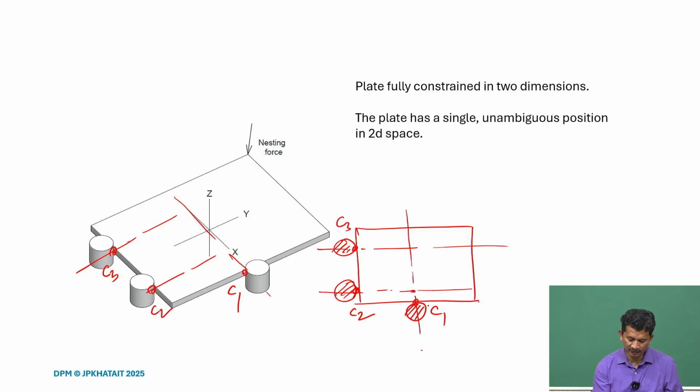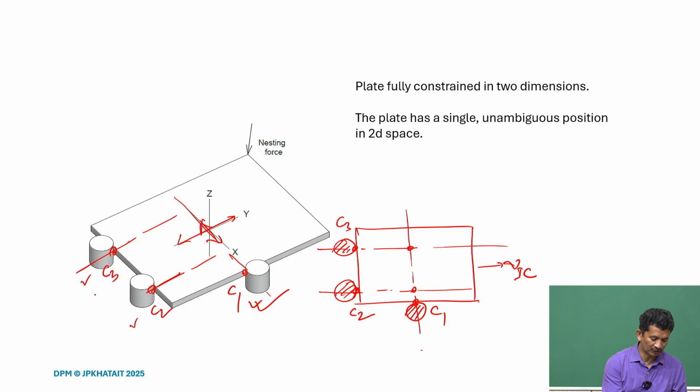What we realize is that the two constraints make two instantaneous centers of rotation, and two parallel lines make another instantaneous center of motion, which will be at infinity. So, for x motion we have C1, for y motion we have C2 and C3, and C2 and C3 together can constrain theta z rotation also.